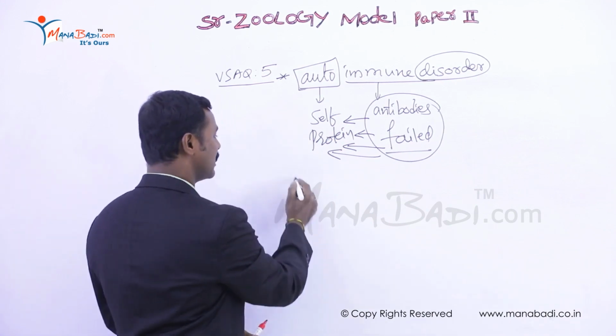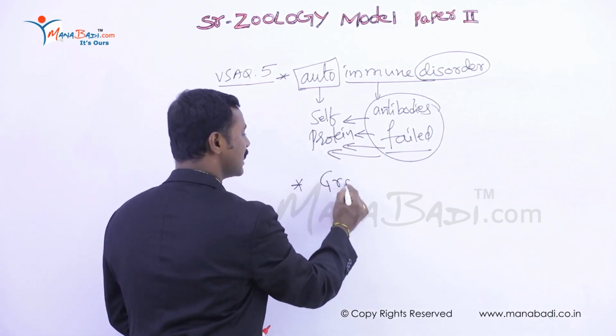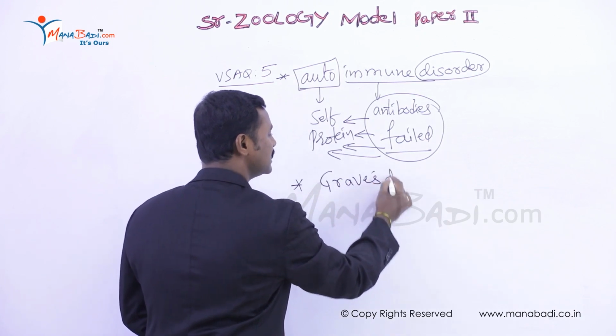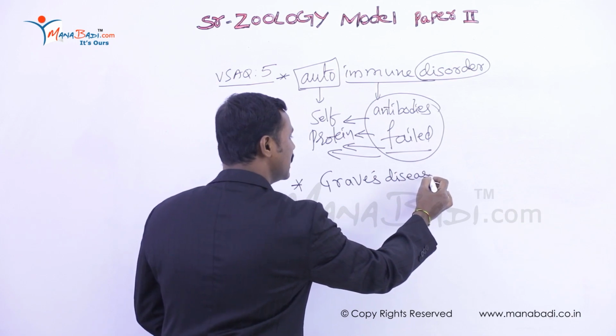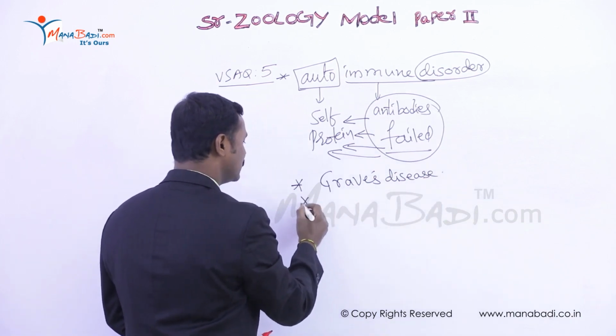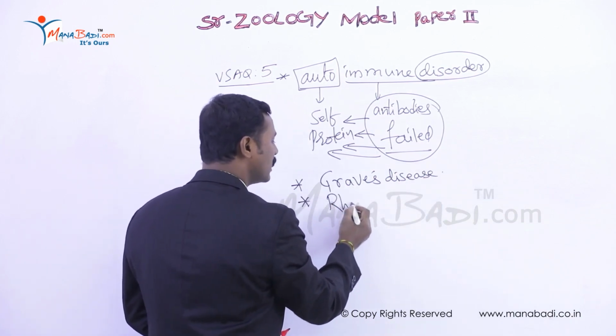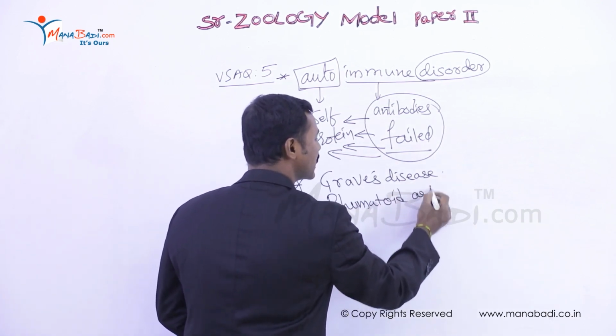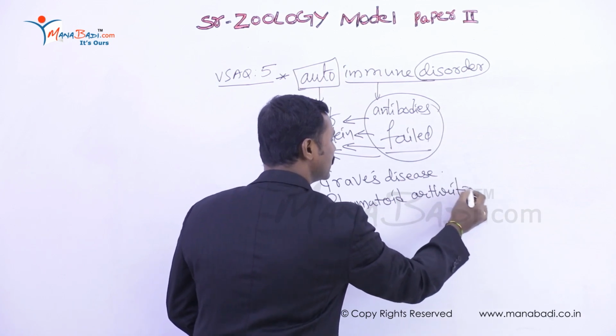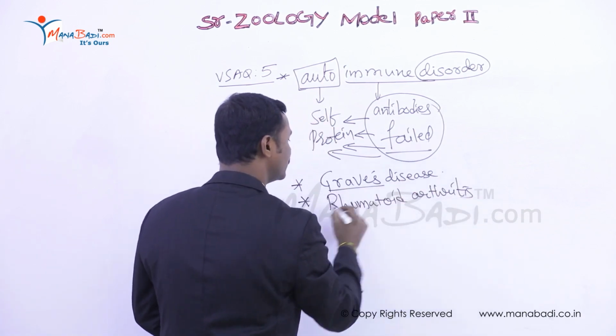So what are the examples? The examples are Graves' disease, which generally attacks the thyroid gland, and rheumatoid arthritis.